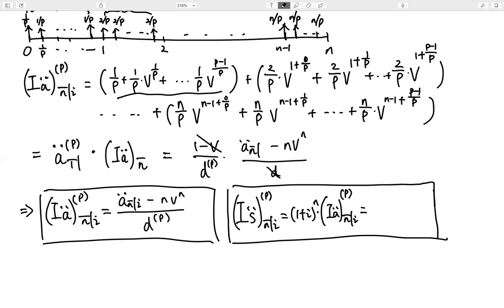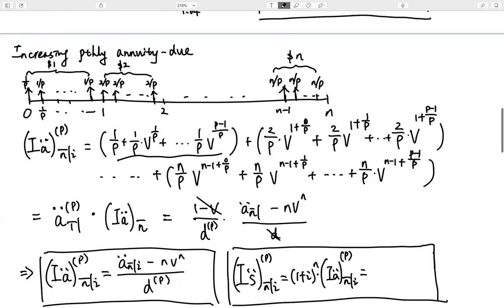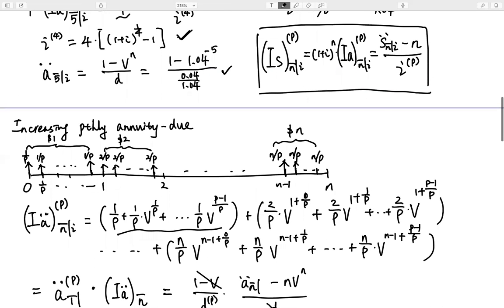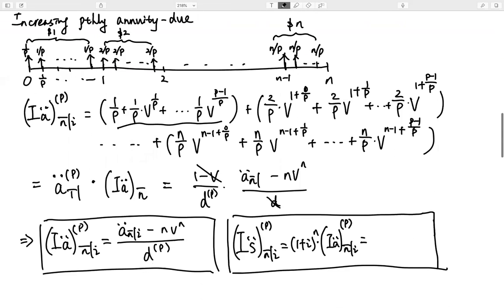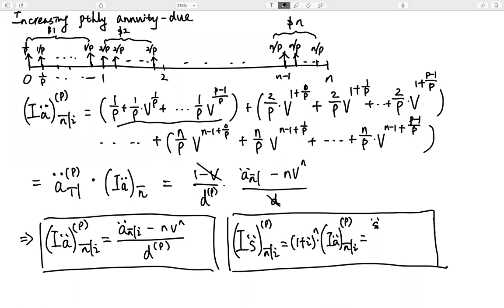So it's the same as what we have before. It's just that you divide by D upper P. So we are in the same area. It's just that there will be a little difference in some fine tuning.